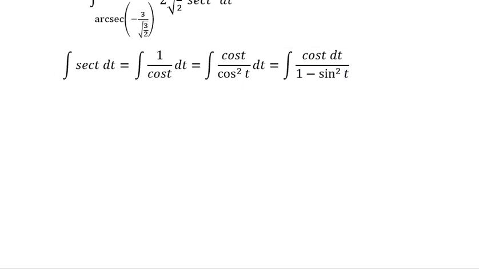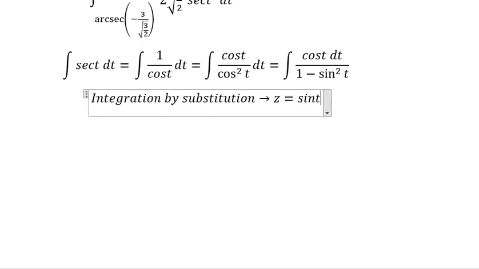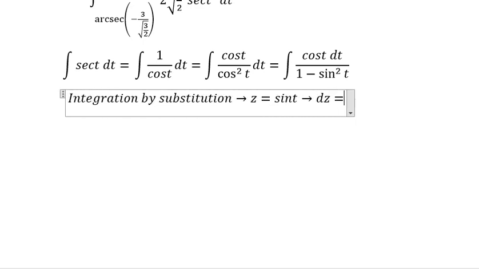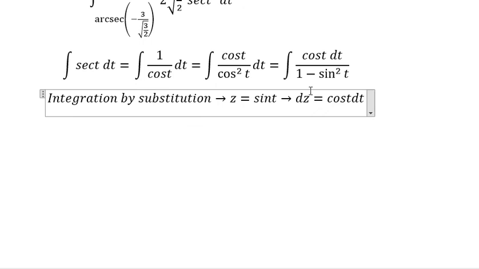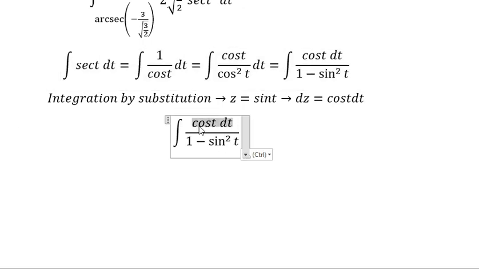So we can use integration by substitution. We put z equal to sine t, dz equal to cosine t dt. So we got dz in here. This one you got z squared.